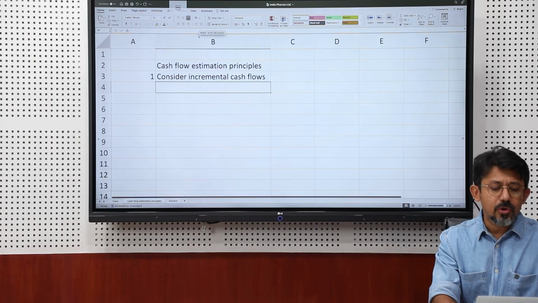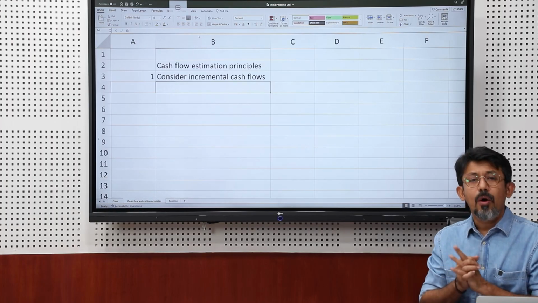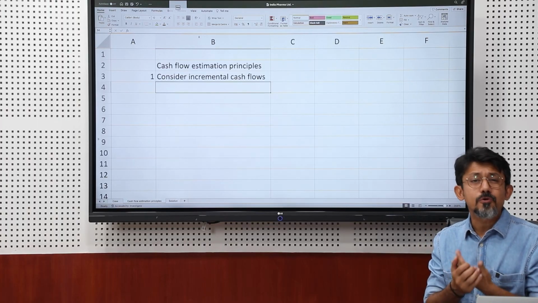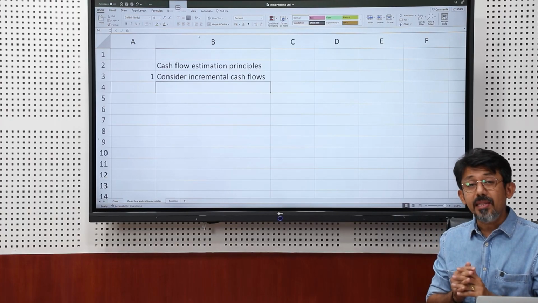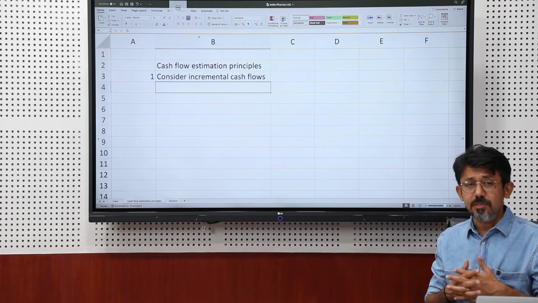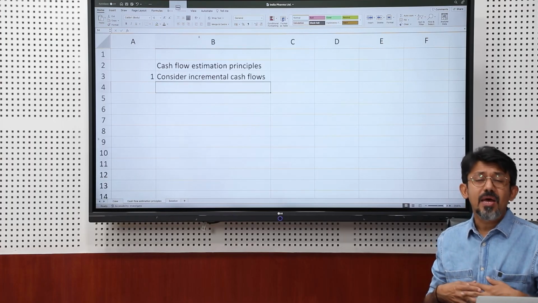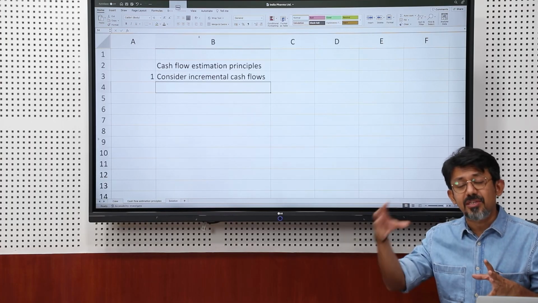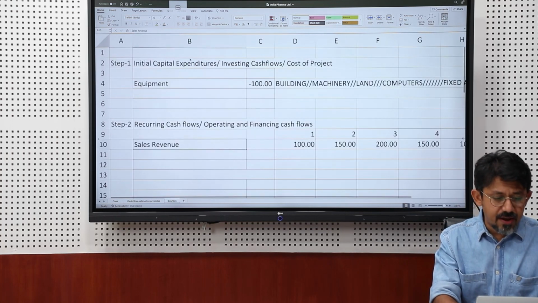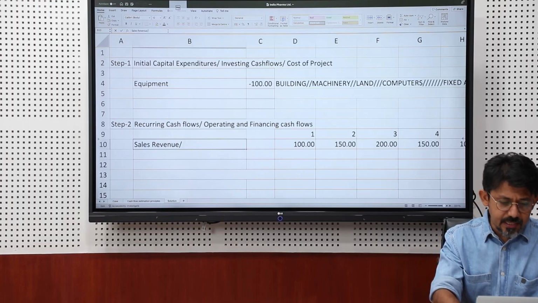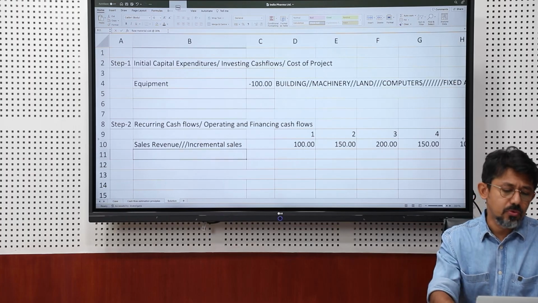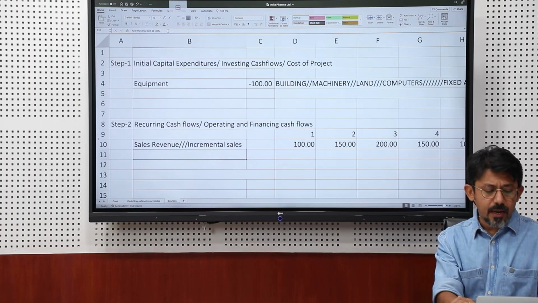So, I did not look at the existing sales. What did I look at? I looked at the incremental sales that the new product is going to give. Similarly, I will also look at the incremental cost. So, I will not look at my existing raw material expenses, but I will look at my raw material expenses which are associated only with manufacturing of the new product, which is KSIN, right. So, sales revenue, let me clearly say that these are incremental sales, all right, just to exemplify this.